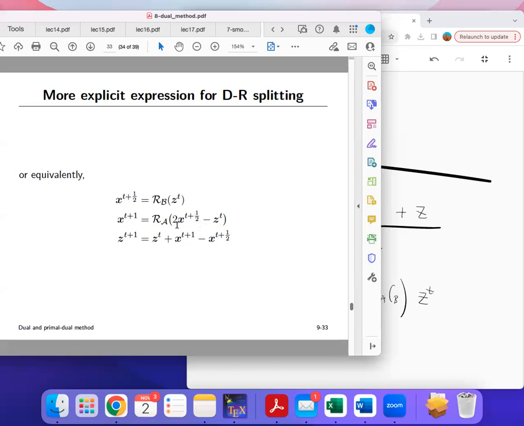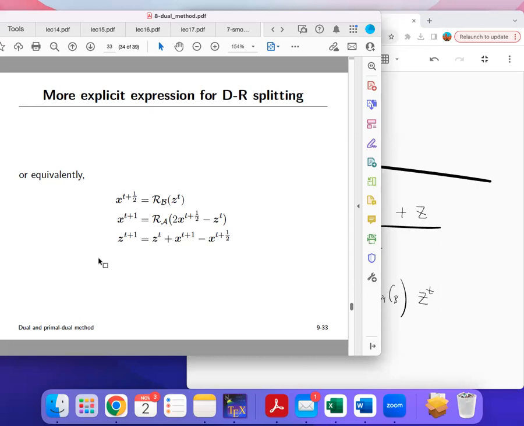Okay, and then apply a resolvent of A. And then you get another intermediate result. And eventually, ZT plus this result minus the previous result gives you the next ZT, ZT plus 1.